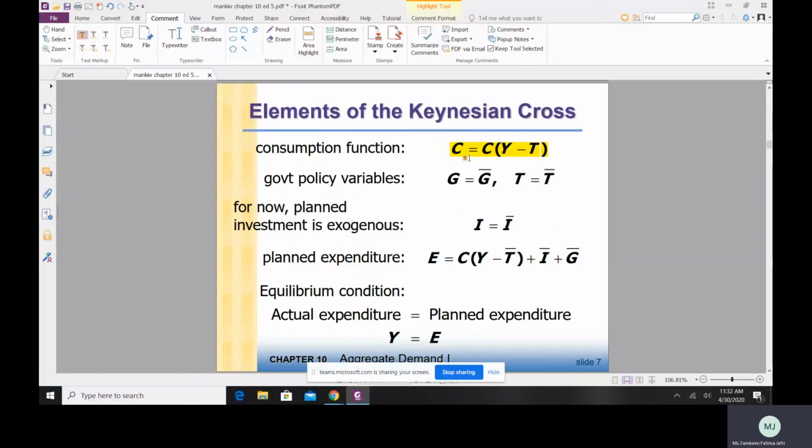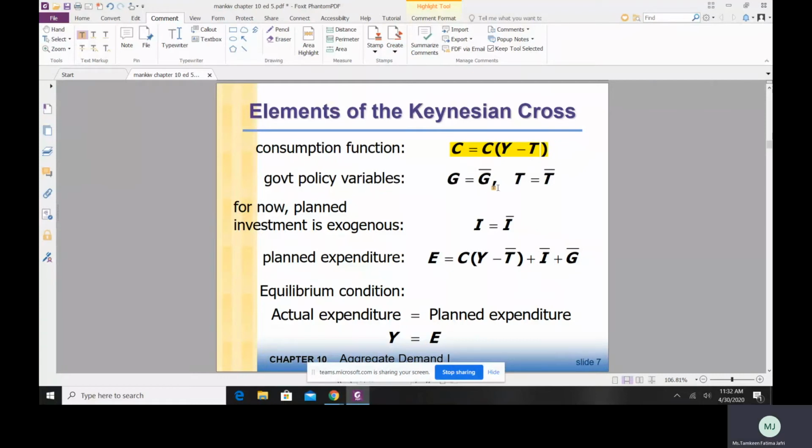Okay, MPC is usually less than 1. Therefore, the increase in disposable income will result in a smaller increase in consumption. The relationship is positive, but the relationship is not 1-to-1. If disposable income increases by $100, consumption will increase, but by less than $100.